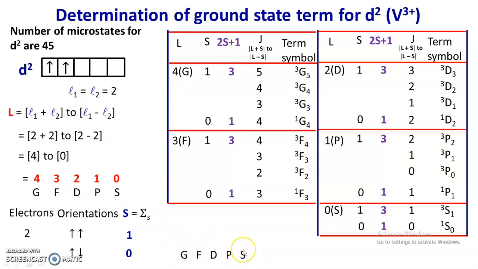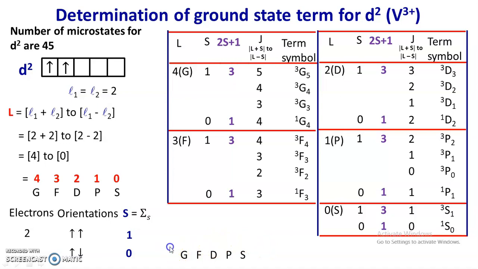From either side, any side, start with singlet, and alternately you write singlet, triplet, singlet, triplet. If you start from G, then it will be singlet, triplet, singlet, triplet, and singlet. Or one can write singlet for S, then P will be triplet, D will be singlet, F will be triplet, G will be singlet.